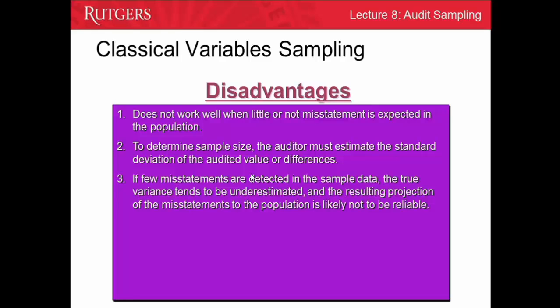However, this approach tends to overstate the standard deviation of the differences, because recorded values tend to be more variable than audit differences in most accounting populations. Third, if few misstatements are detected in the sample data, the true variance tends to be underestimated, and the resulting projection of the misstatements and the related confidence limits are not likely to be reliable.